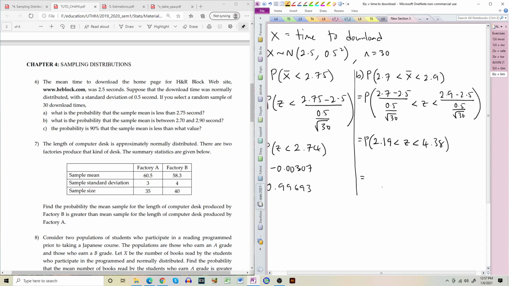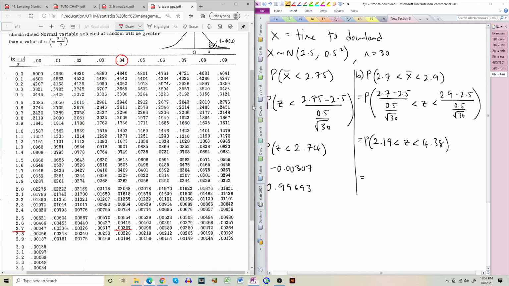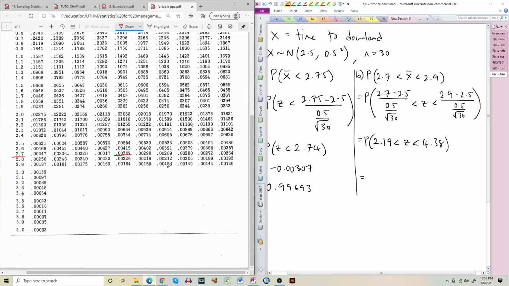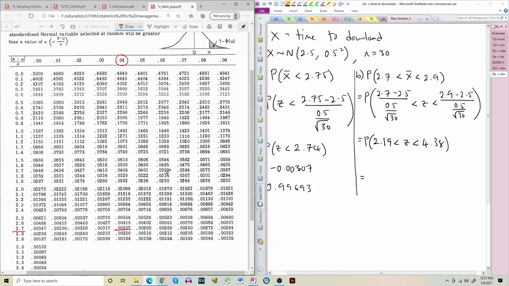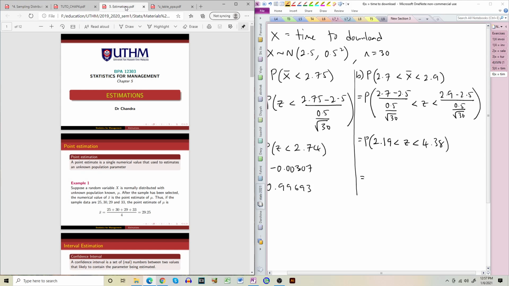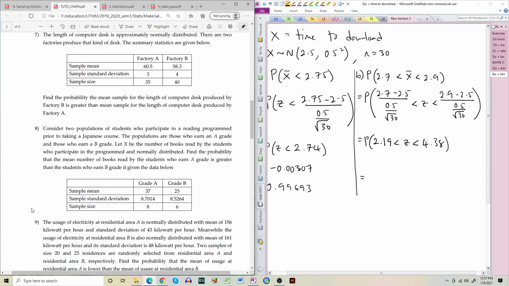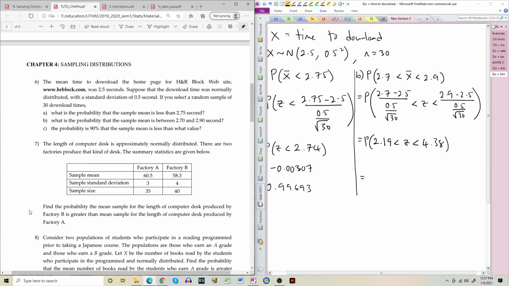This would be in between 2.19. So what is the value for 2.19 then? .19. This one. Let us see what is the answer for this. Question 6b.